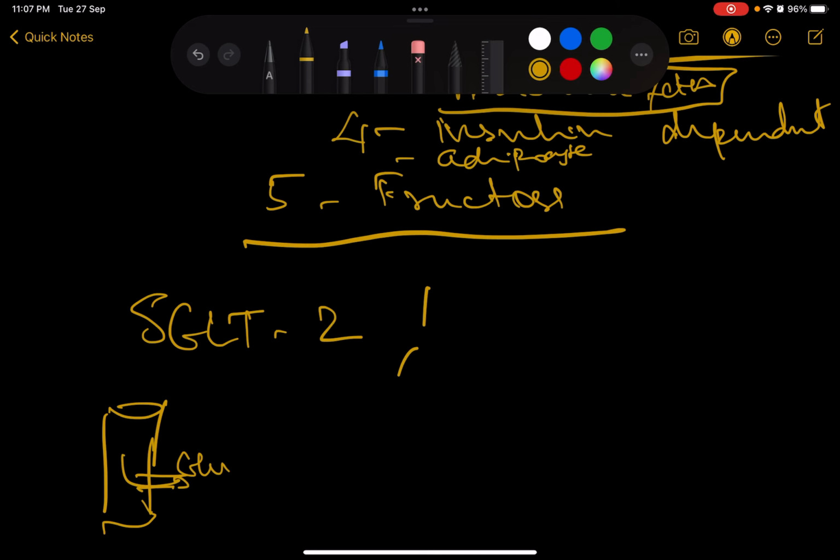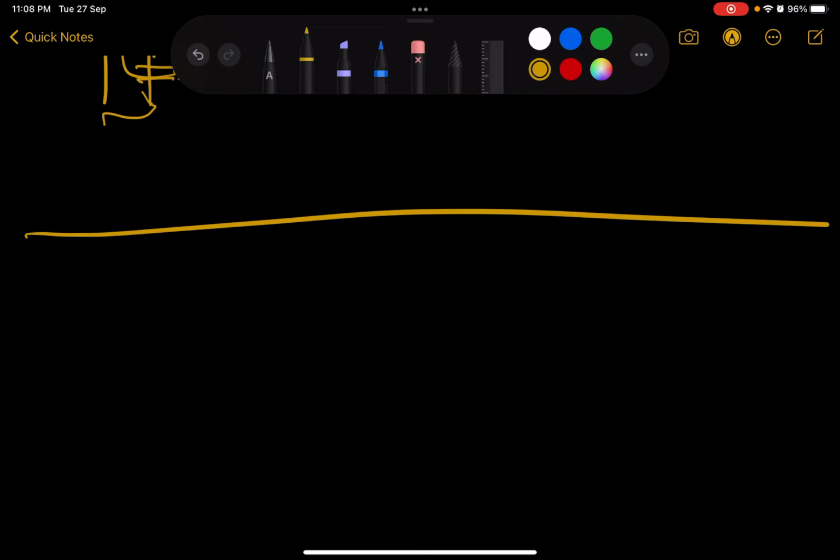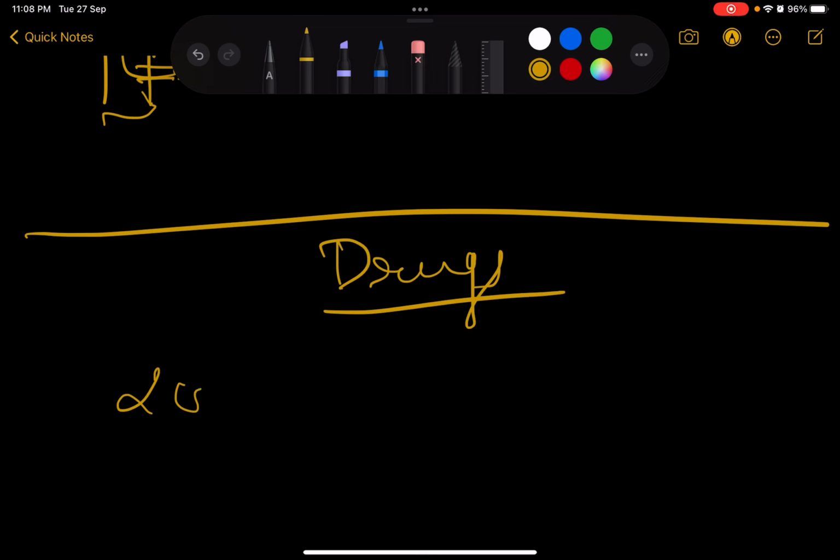Once this is done, we can talk about the drugs. All right, let's talk about the drugs. So once we've understood the very basic physiology, let's understand the drugs. So the categories of drugs for diabetes is that you could use first, an alpha glucosidase inhibitor.